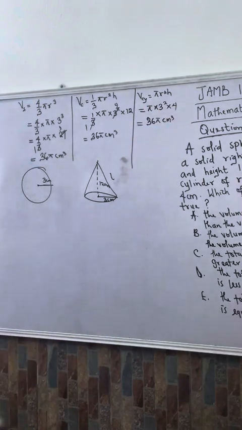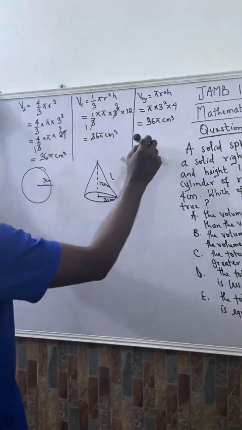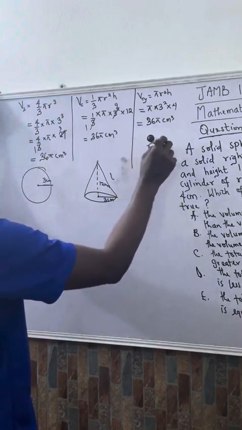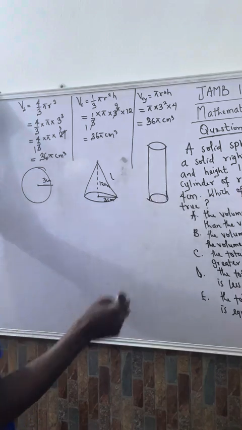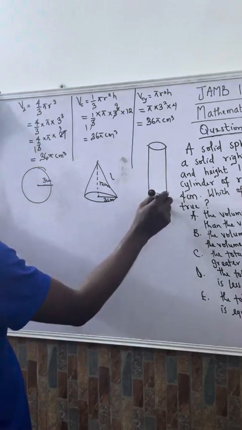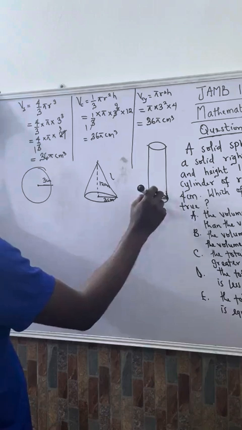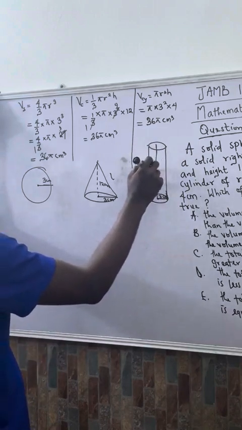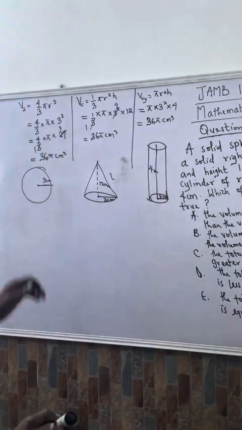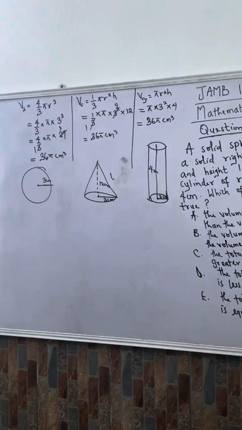All three shapes have the same volume. So volume is not the criterion we can use to differentiate them.